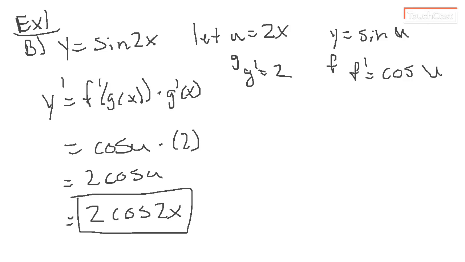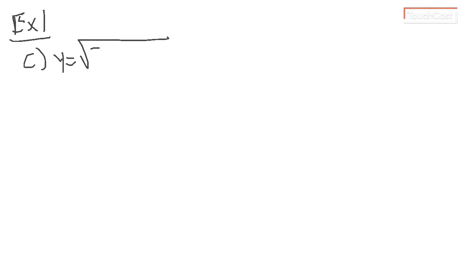Let's again look at another function. So this will be example 1c. Our function will be y equals the square root of 3x squared minus x plus 1. I'm going to let u equal our 3x squared minus x plus 1.